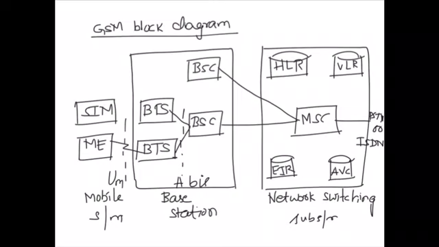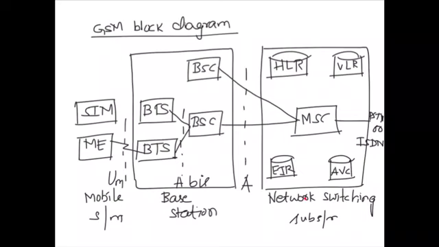And the interface that exists between BSC and MSC, mobile service switching center, we call it as the A interface. The interface between BTS and BSC is Abis interface. The interface between ME and BTS is Um interface. The interface between BSC and MSC is A interface.